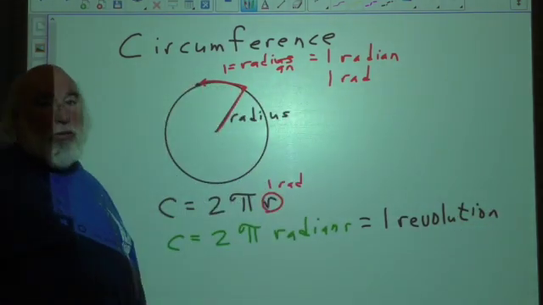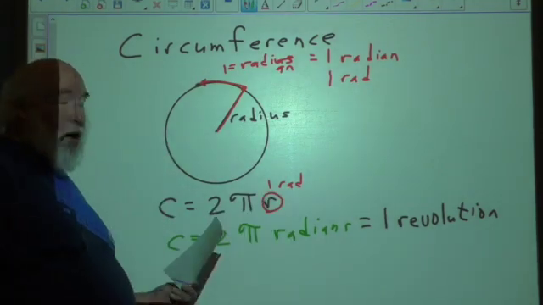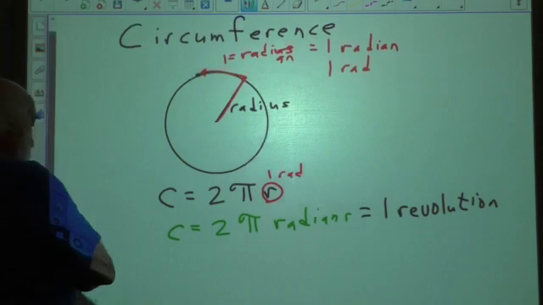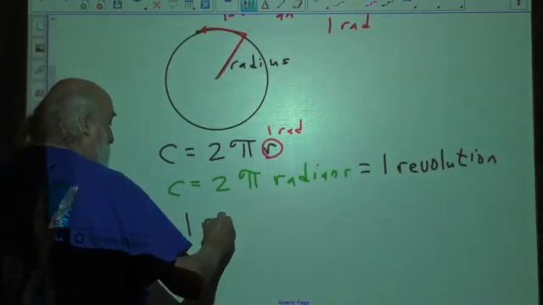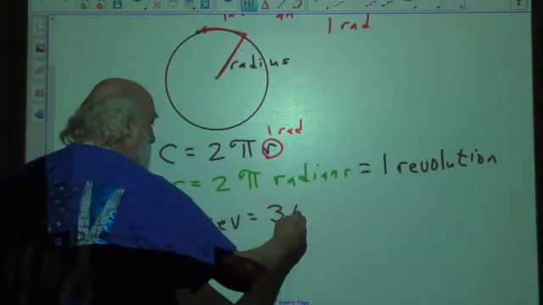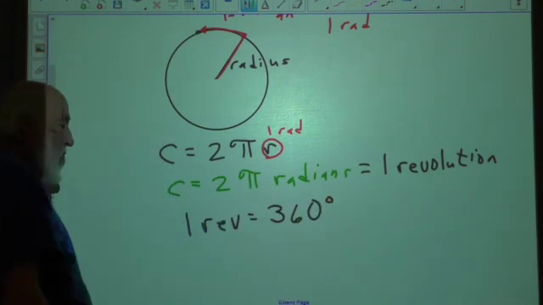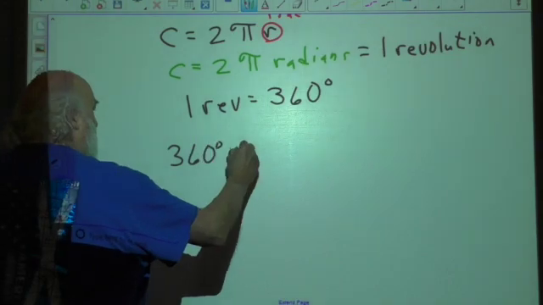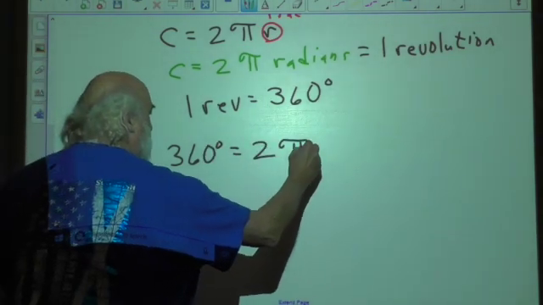Now, we also can measure distance around in degrees. And if you recall from your geometry days, 1 revolution is equal to 360 degrees. So that means 360 degrees equals 2 pi radians.